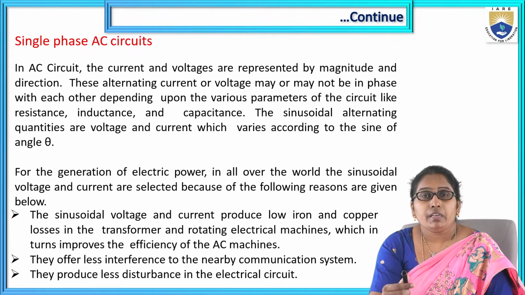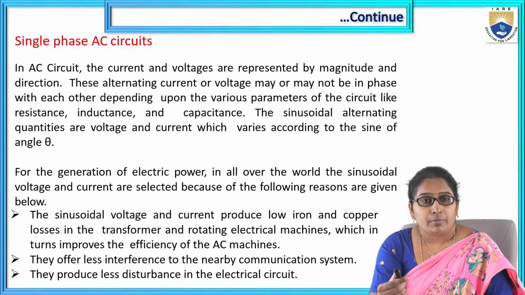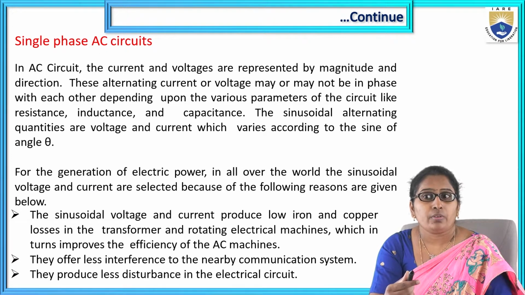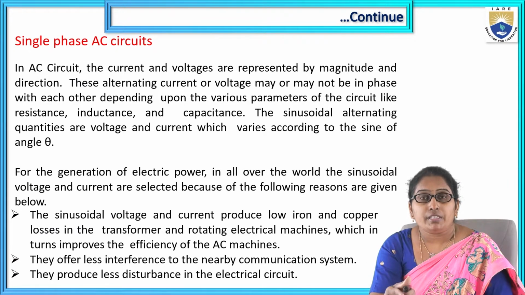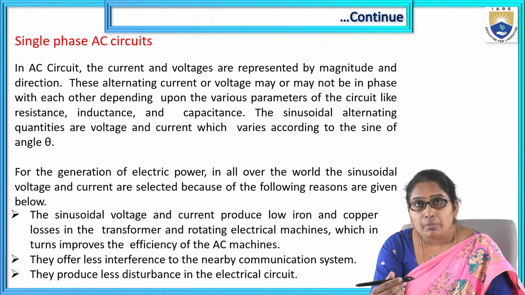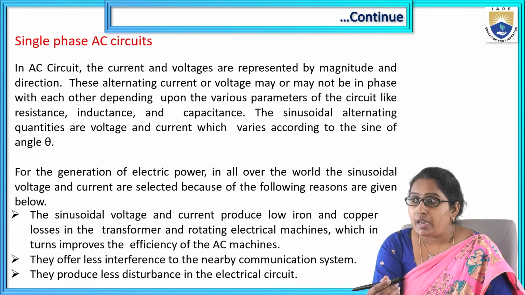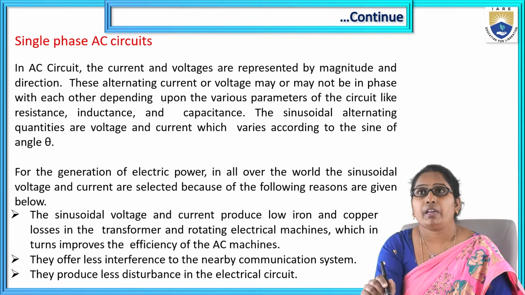AC supply means AC voltage or AC current. They are represented by magnitude and direction. We know that a DC current has only magnitude, but AC supply has both magnitude and direction.